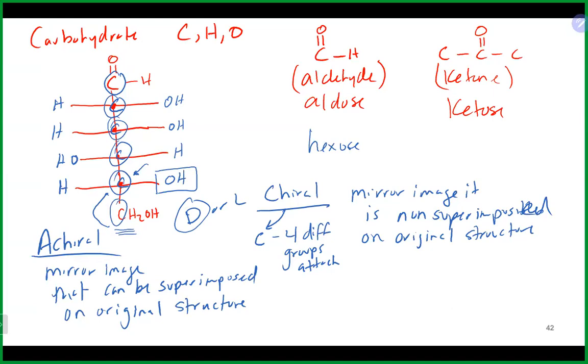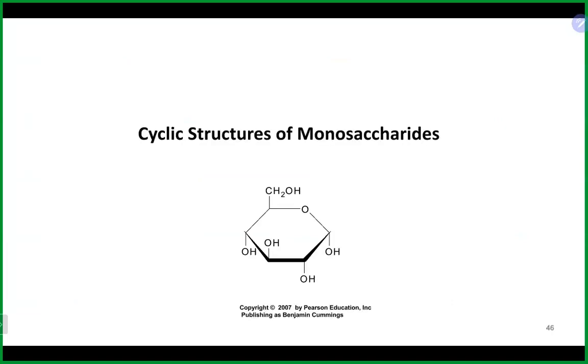All right. So at the very end last time, we started talking about putting these guys into a ring structure and what happens when they close up on each other. These straight chain guys like we have here can close up on each other, and as we talked about towards the end, they will make these cyclic structures.